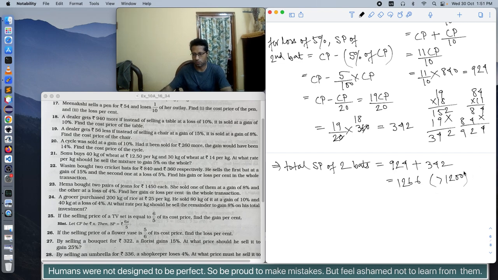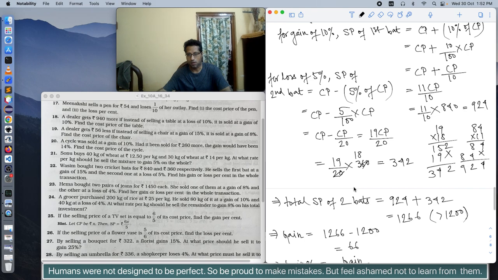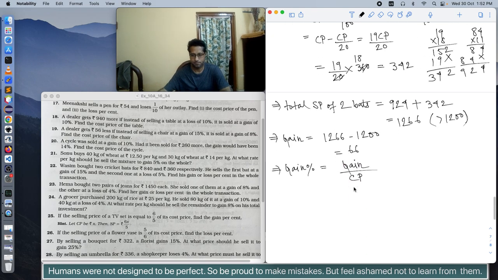So the selling price is greater than the cost price, so there is a gain. Gain is equal to 1266 minus 1200, which is 66. Gain percent will be equal to gain divided by CP multiplied by 100. Please note that in this formula CP is the total cost price of the 2 bats, which is 1200.